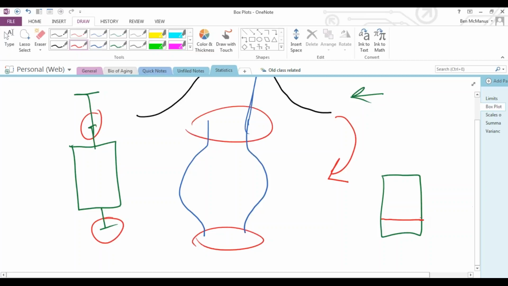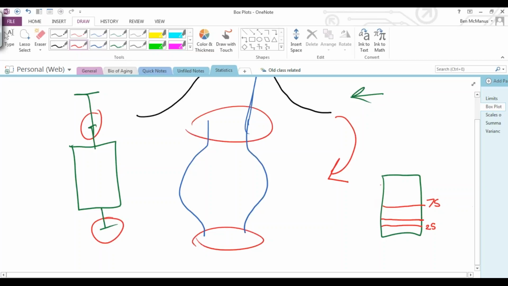But the median is first located, and then essentially the median for those two sections is found again. But really what you're doing is finding the 25th percentile for the data, and then the 75th percentile for the data.